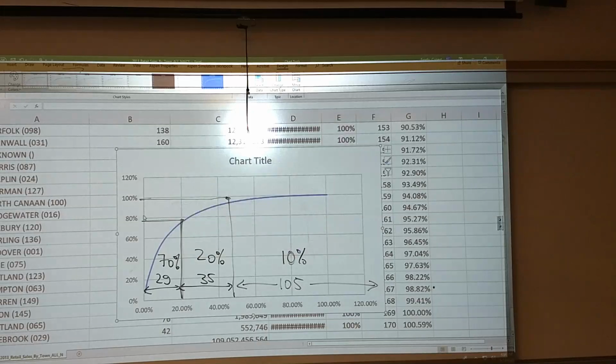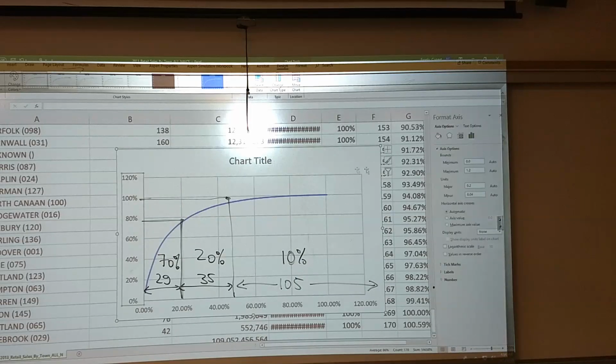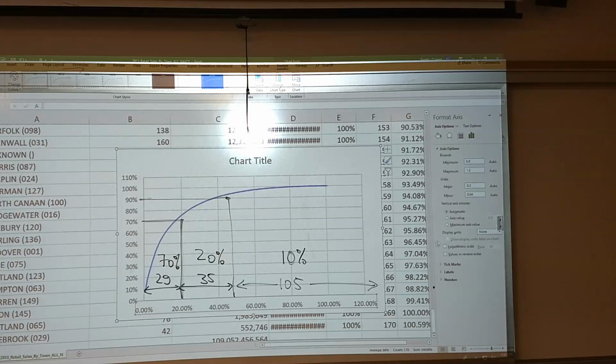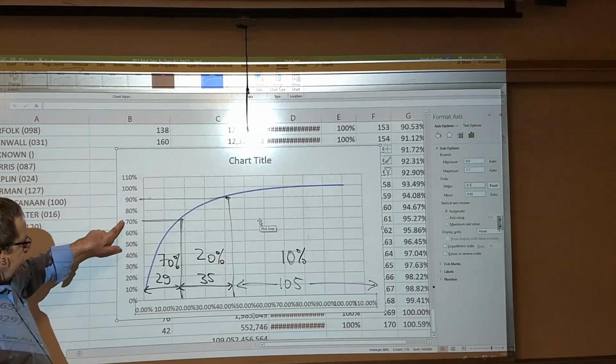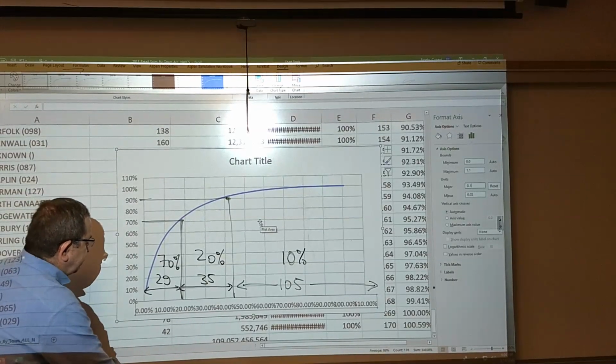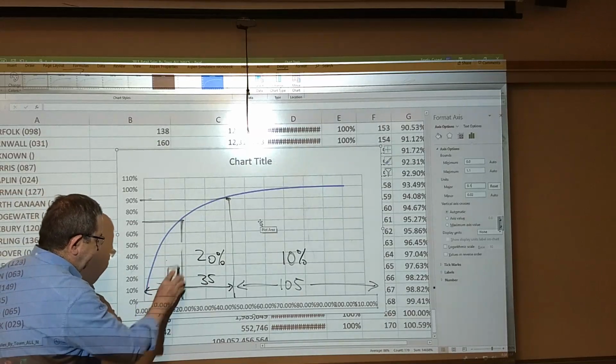So, and then let me format the axes a little bit. So this is going to be 0.1. Format this axis. Say 0.1. Okay. So anyway, let's see again.